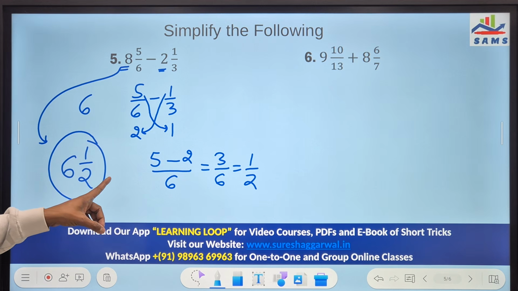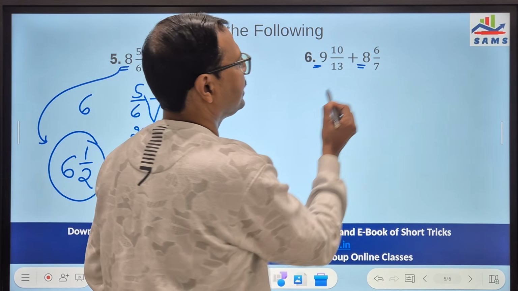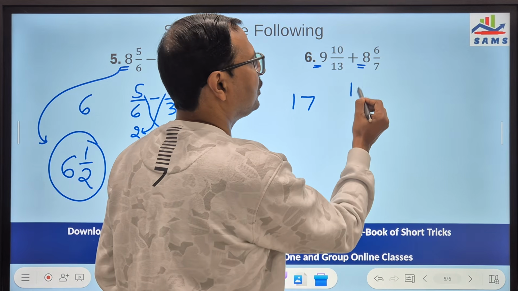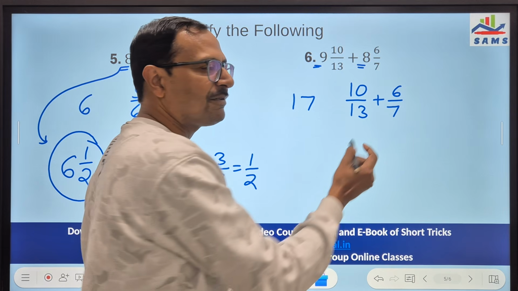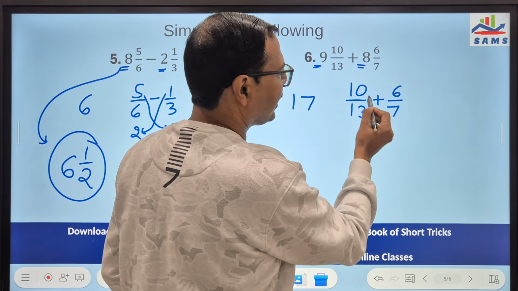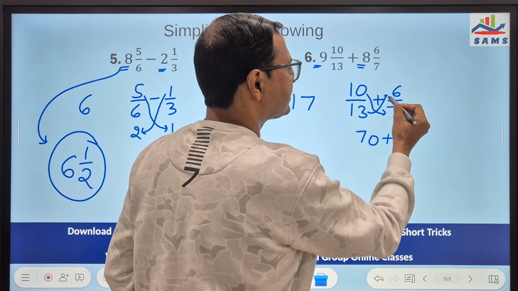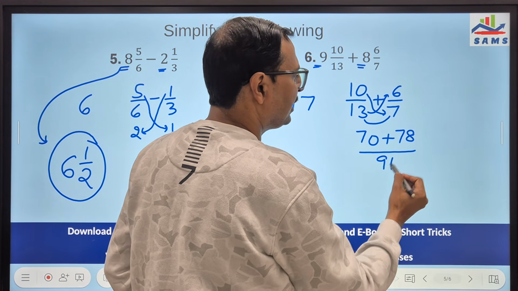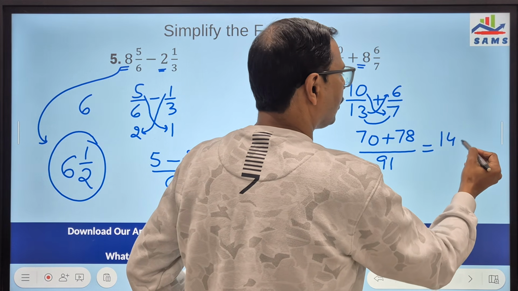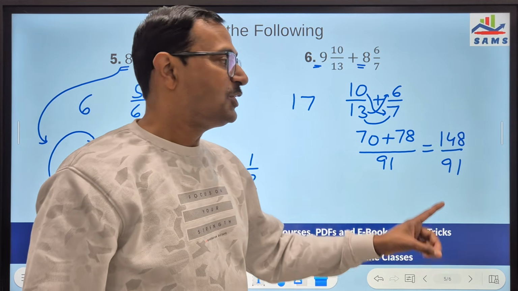Likewise, the last one here, 9 plus 8, 17, and then you have to do 10 upon 13 plus 6 upon 7. 13 and 7 are co-prime, so butterfly again, this is 70 plus 13 6s are 78 over 13 7s are 91, and here I am getting 148 over 91. Now see, again an improper fraction. So what did I tell you?